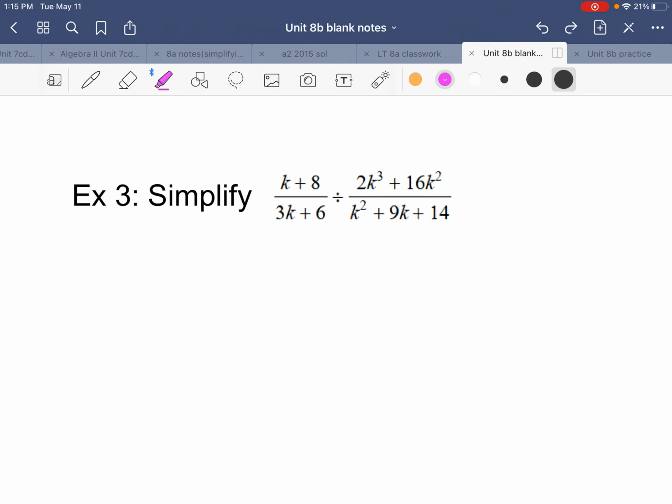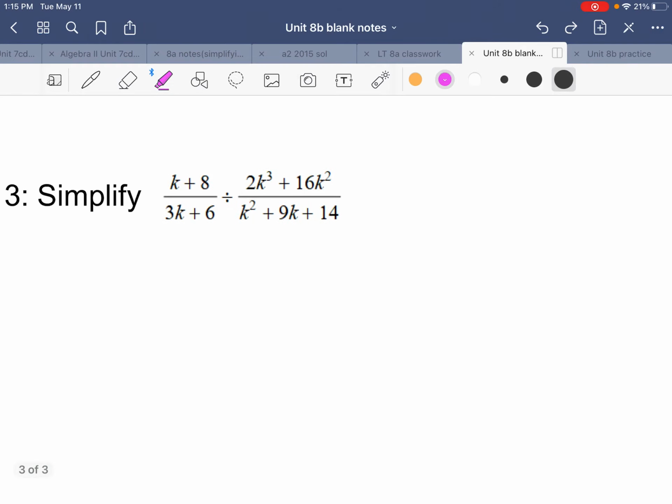Here we have division. So it's a little bit different than multiplication. There is one step for this that's got to change, and you're going to change the division to multiplication. But you can't just change that. You have to do something else. And with fractions, you can flip the numerator and denominator of the second fraction, and it works out perfectly.